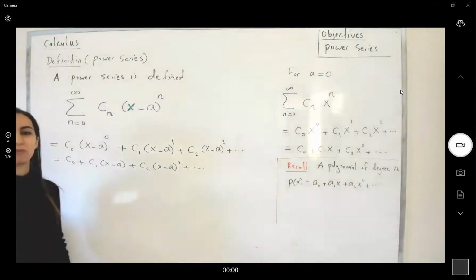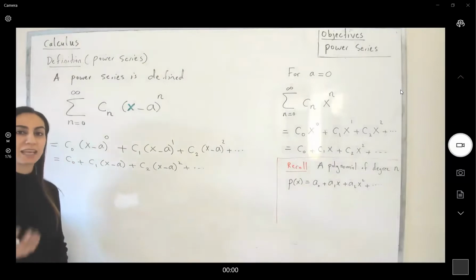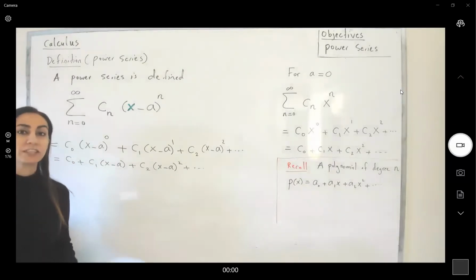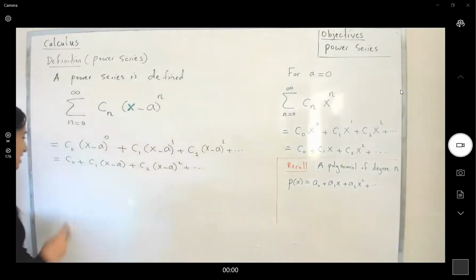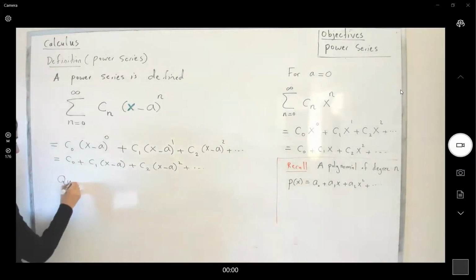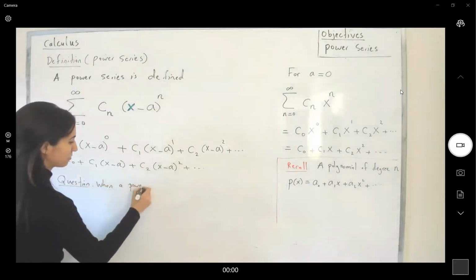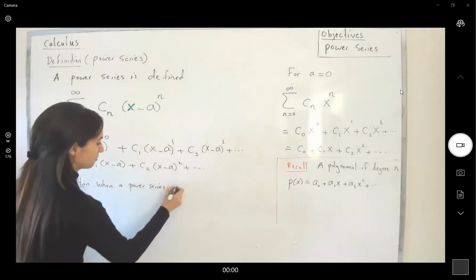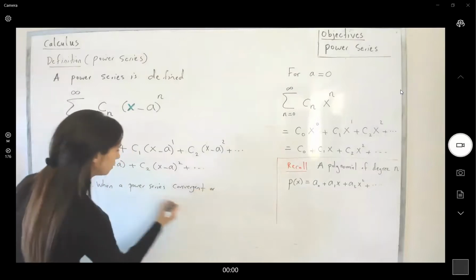In the next step, we're interested in analyzing power series. As a calculus student, you should be asking, hey, now that you're defining a new series, when is it convergent, when is it divergent? So the question: when is a power series convergent or divergent?